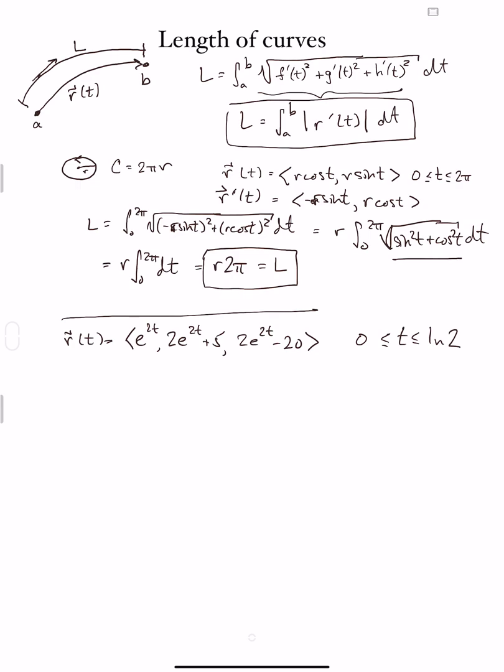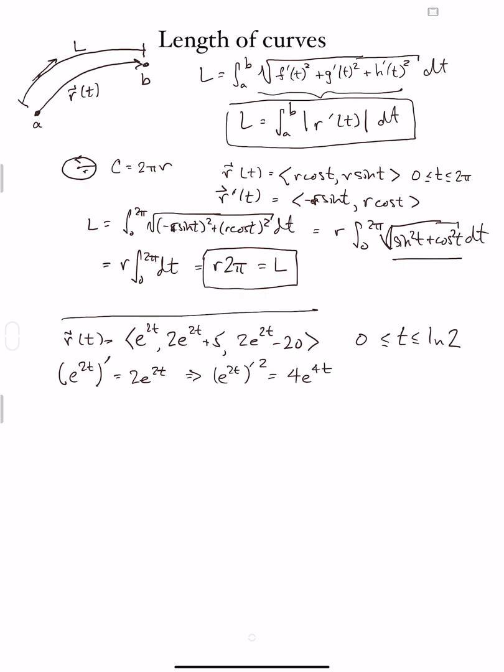So I need to compute several derivatives. Here's the x component derivative, and that's pretty simple, 2e to the 2t. Then I'm going to square that, because that's the value I'll use in the sum at the end here. And so I end up with 4e to the 4t.